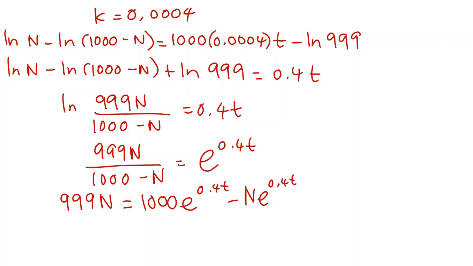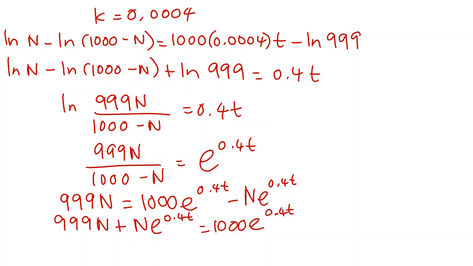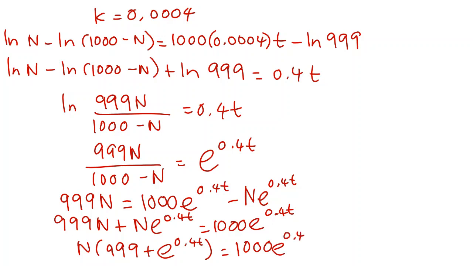If you bring the n to the left, it becomes plus n e to the power of 0.4t equals 1000 e to the power of 0.4t. Or if you factorize out n, you get n times 999 plus e to the power of 0.4t equals 1000 e to the power of 0.4t.